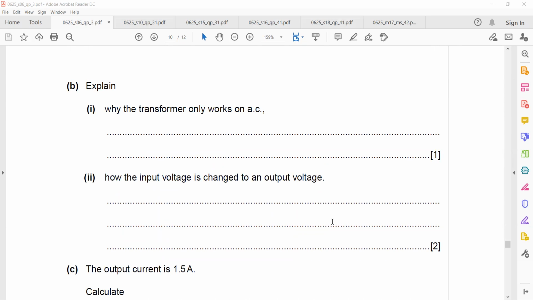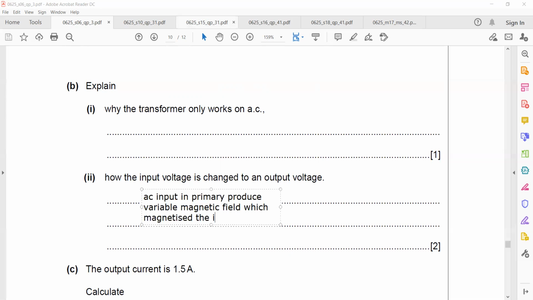How is input voltage changed into output voltage? So basically you have to write the working of a transformer here. AC input in the primary produces a variable magnetic field, which magnetizes the iron core.